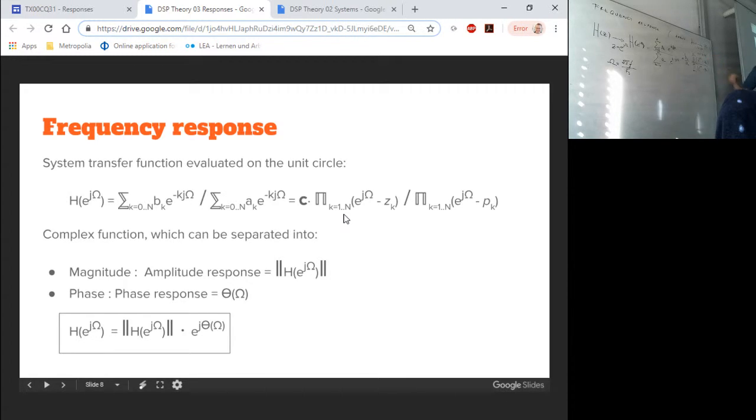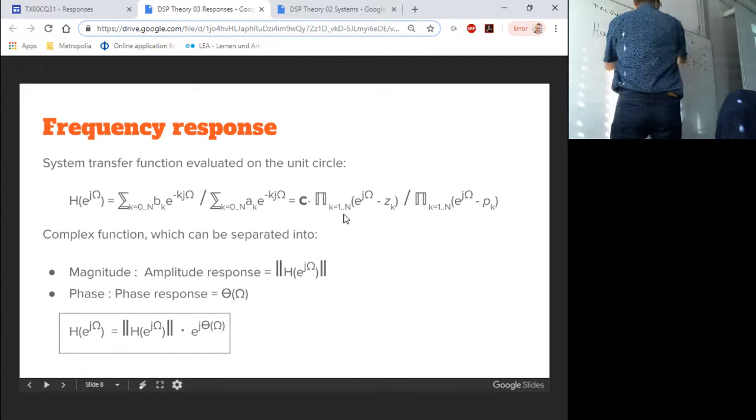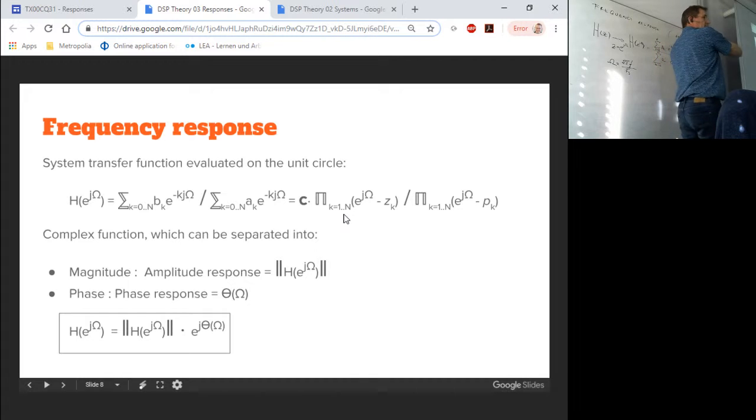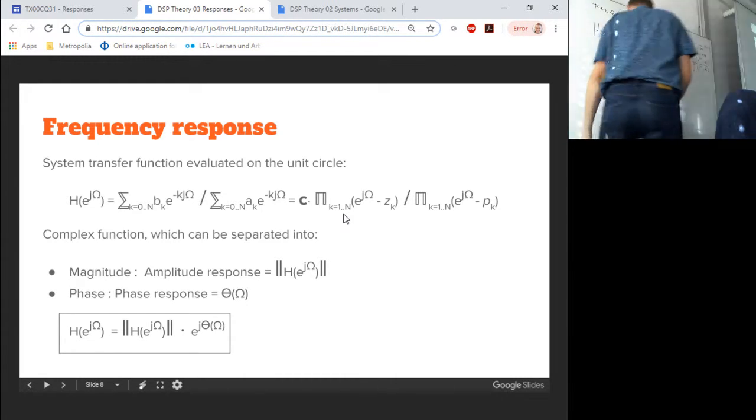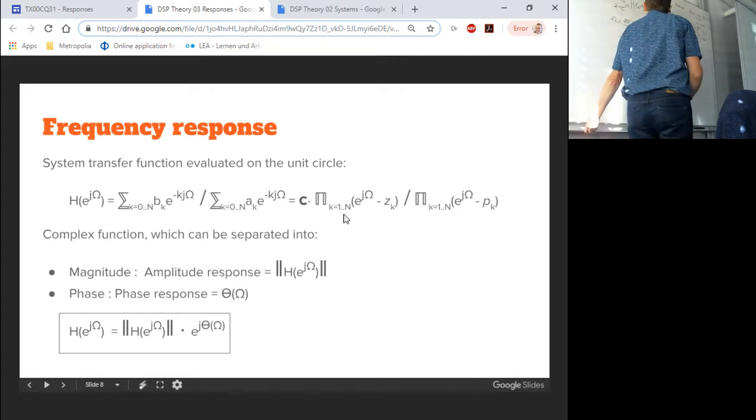Right. Okay, and this is the complex spectrum, meaning that it also includes the phase shift.